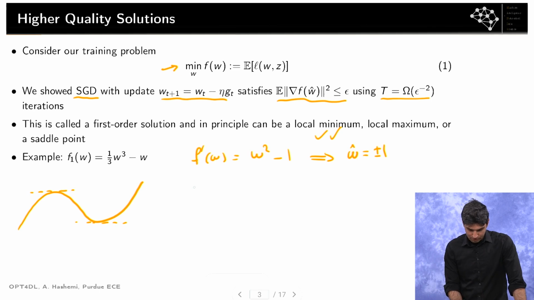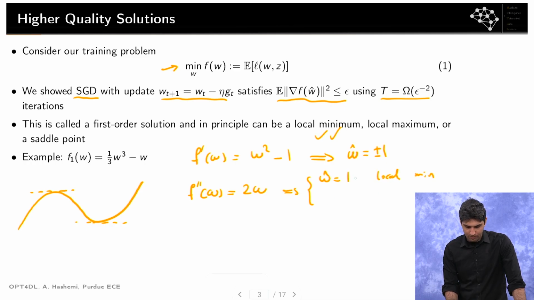Okay, so if I were to calculate the curvature, the second-order derivative in this case would be 2w. And from this we can see that w hat equal to 1 is a local minimum, because in this case the curvature is positive.